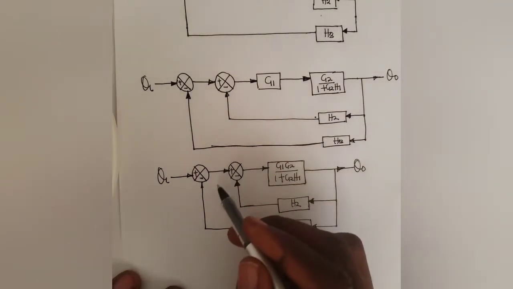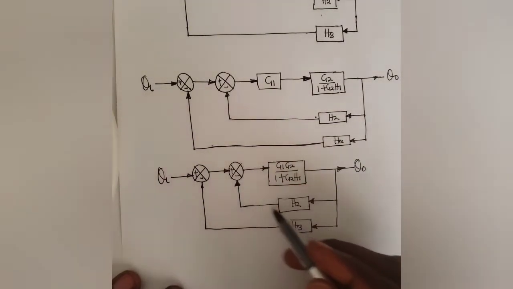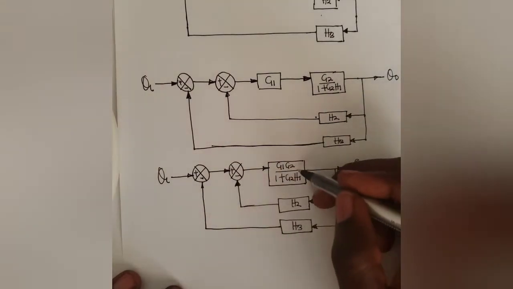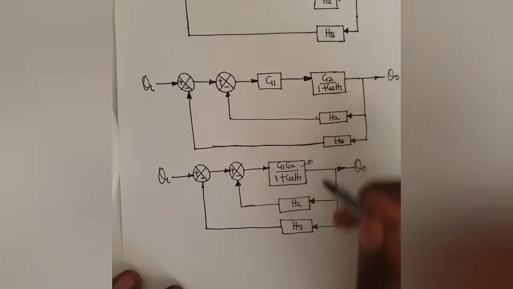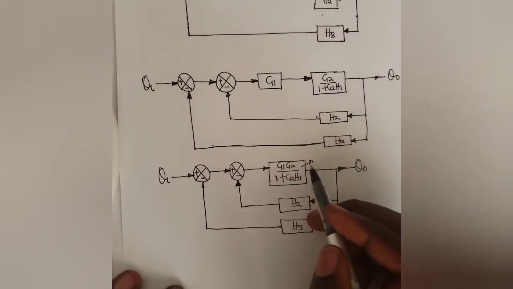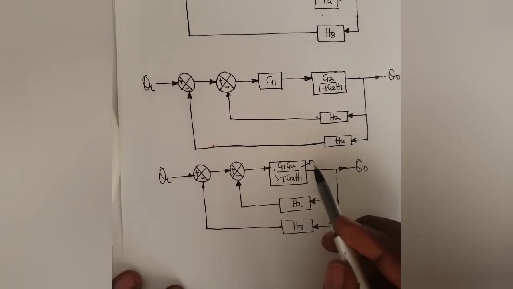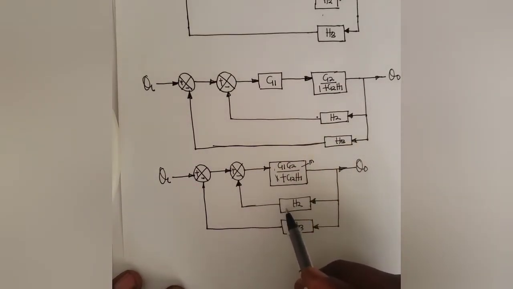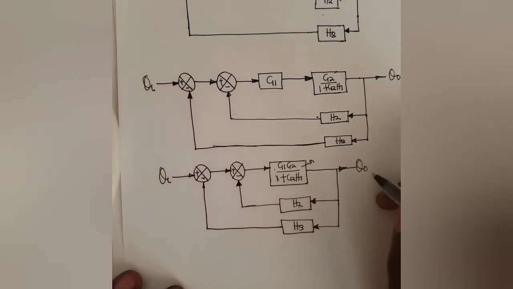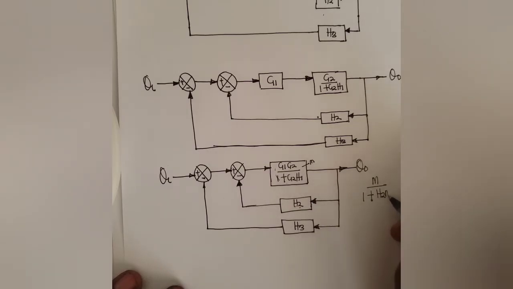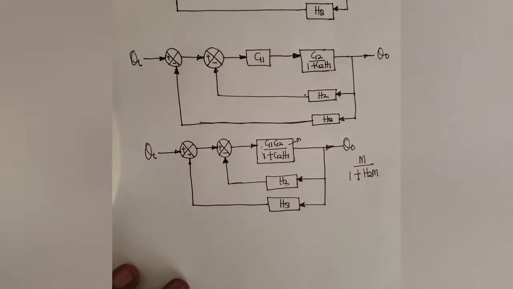Similarly, I can also use the method of block reduction and reduce this one. If I reduce this one, let me call everything here M. So that if I have it as M, as an element now, so for me to use this one to get its transfer function, it's going to give me M all over 1 plus H2M.